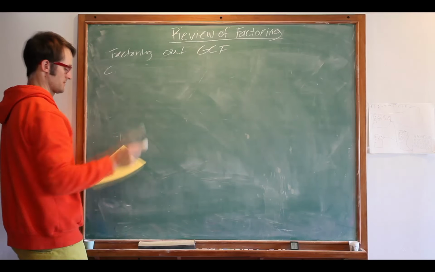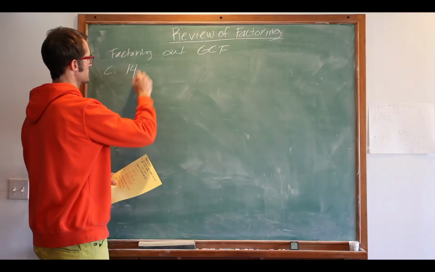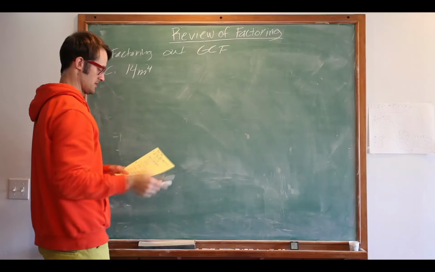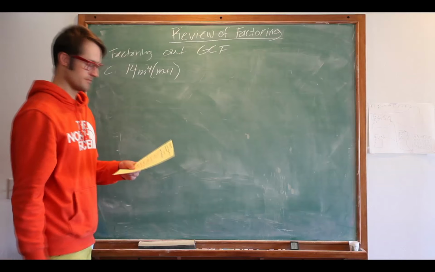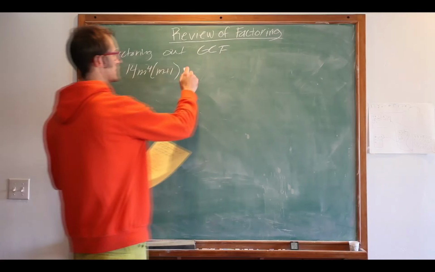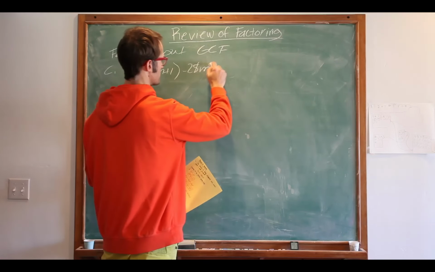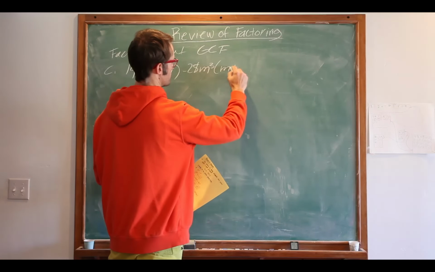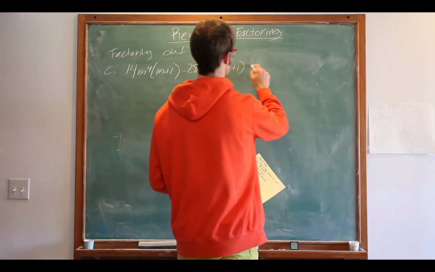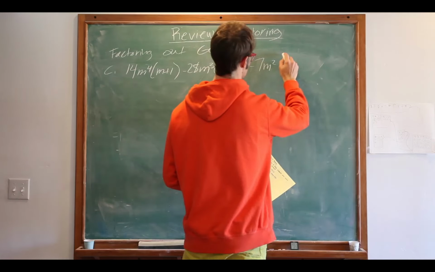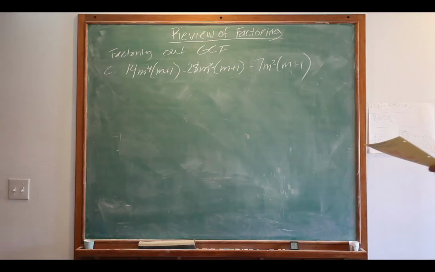I'm going to take up more of the board. 14m to the 4th times m plus 1, negative 28m cubed times m plus 1, minus 7m squared times m plus 1. I'll get out of the way so you can see.